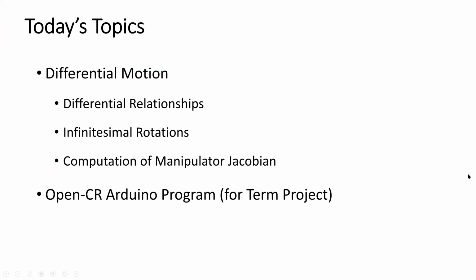Okay, as I mentioned in the beginning of the class, before this we talked about the forward and the inverse kinematics. The forward and inverse kinematics that we derived are based on the assumption that we don't have motion on the robot.